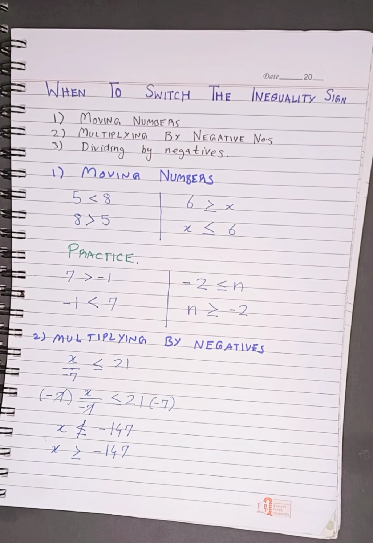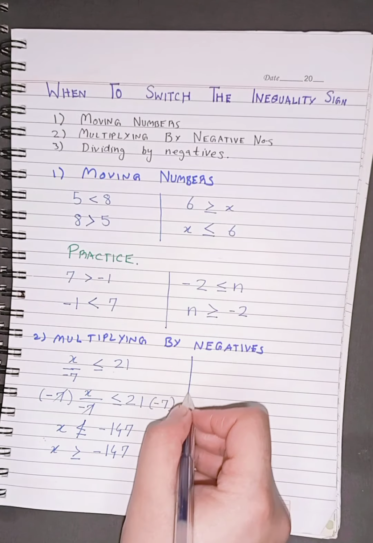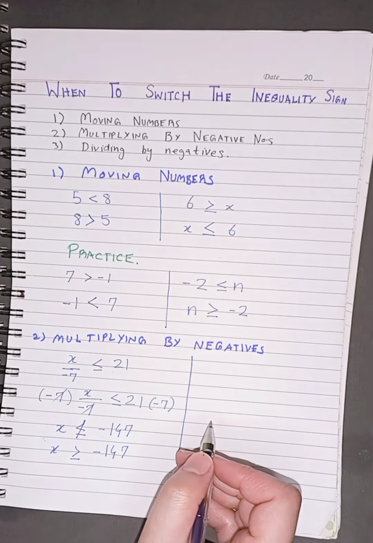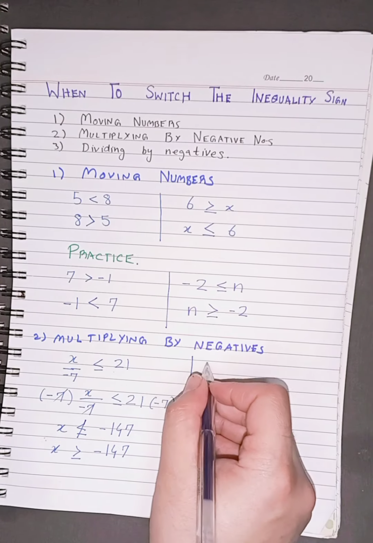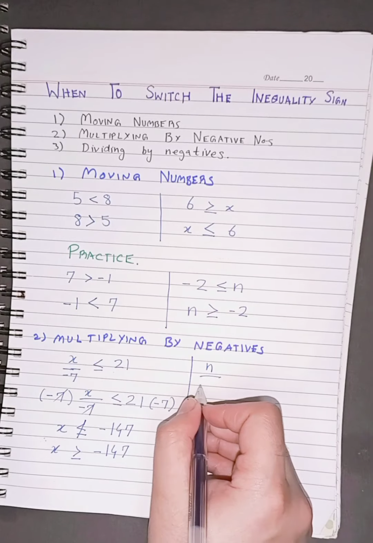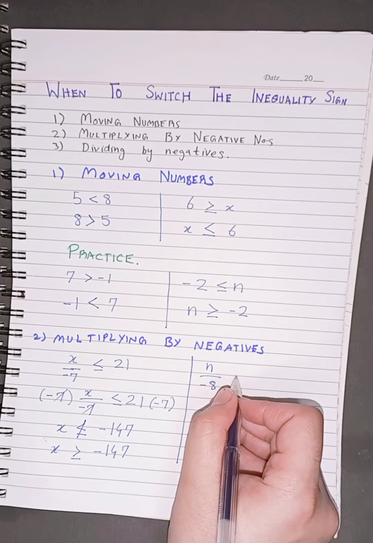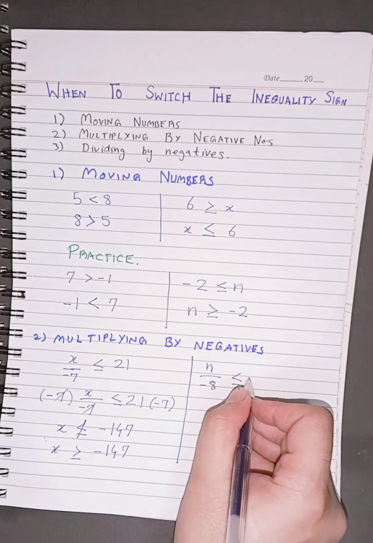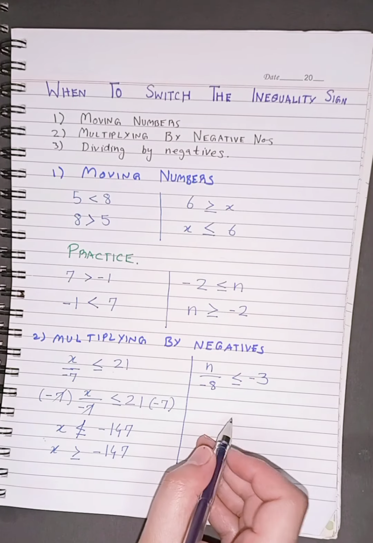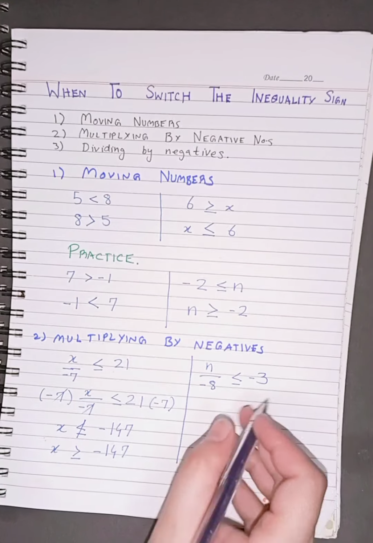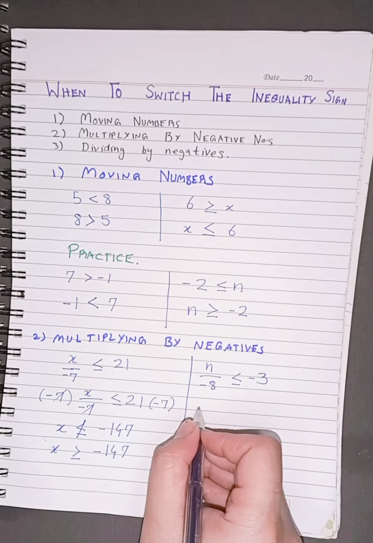Let's do one more example. You have n over minus 8 is less than equal to minus 3. In order to solve it, you will multiply this equation by minus 8.